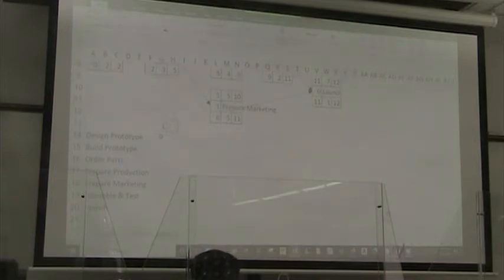In week 1, week 2, week 3, week 4, week 5.